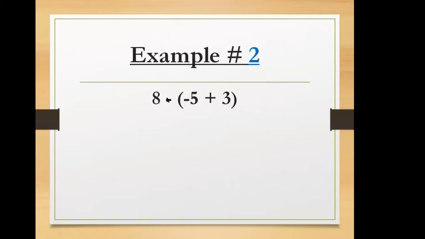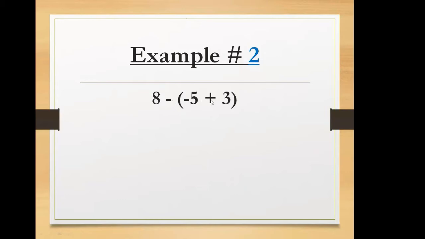But in this example, we have a negative sign outside the bracket. So when we have a negative sign outside the bracket, the operations and the signs inside the bracket will be inverted. How will they be inverted? Simple. Minus, minus: when they multiply each other, it becomes plus.